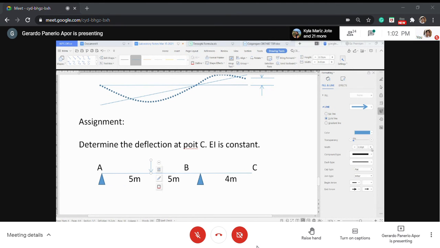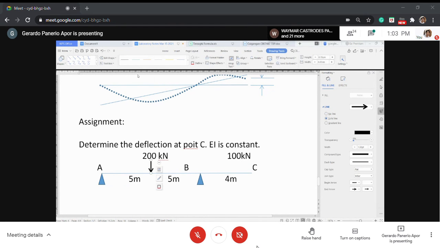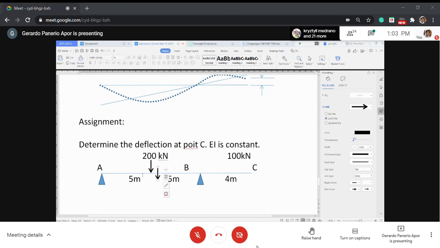I will make that big, maybe colored black. Now the magnitude of that is, let's see, 200 kilonewton, while here we'll have 100 kilonewton. Okay, that's the load. Copy, paste.